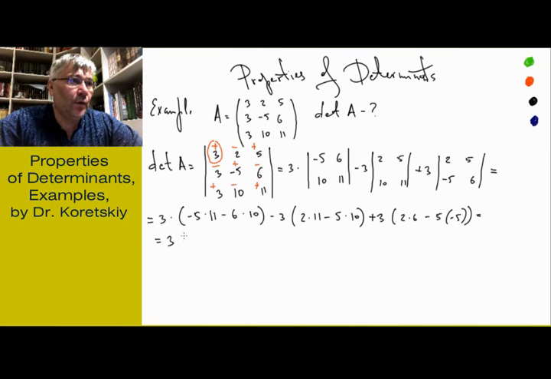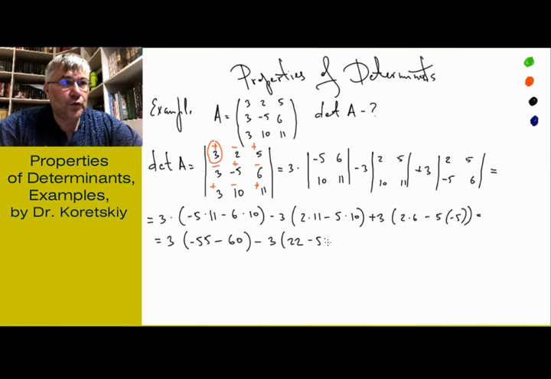And here we have something like minus 55, minus 60, minus 3 times 22, minus 50. And here we have 3 times 12 plus 25.